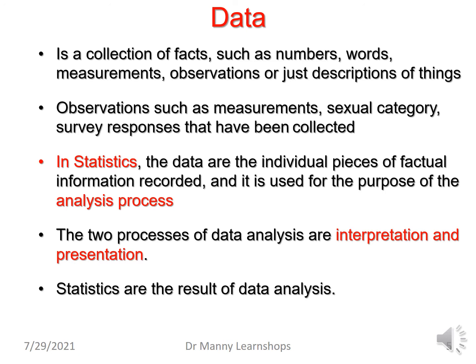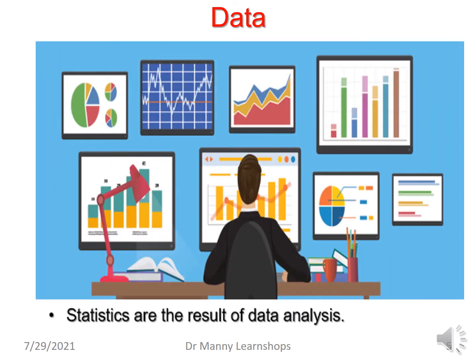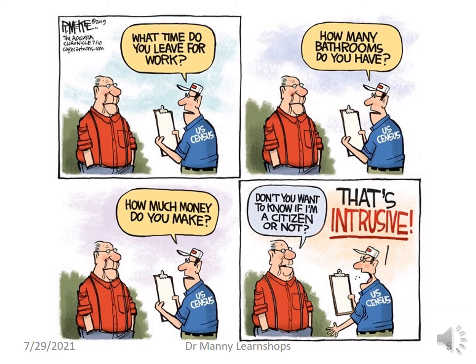There are 2 processes of data analysis, and their interpretation and presentation. Statistics are essentially the result of data analysis. For example, what time do you leave for work? How many bathrooms do you have? How much money do you make?